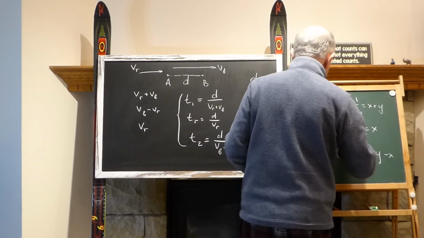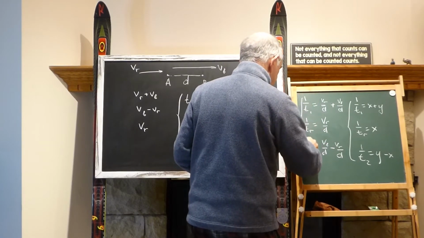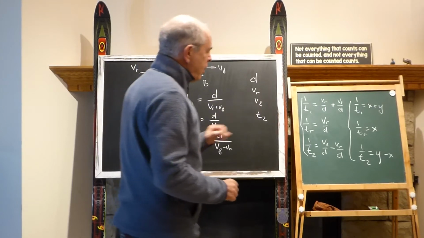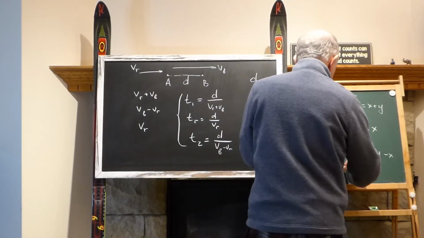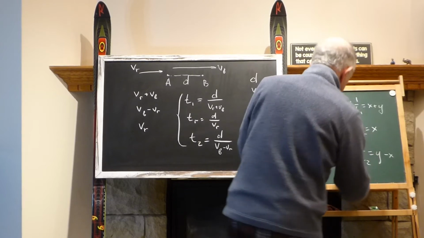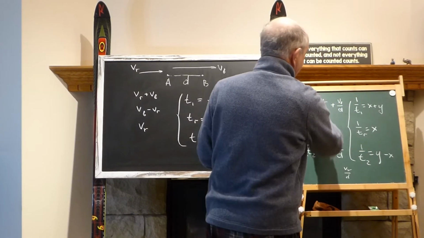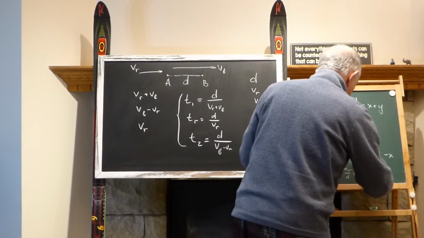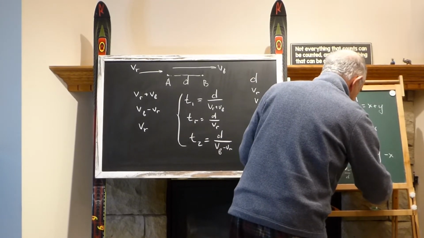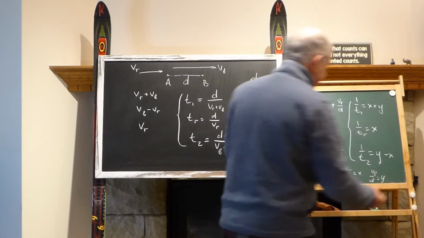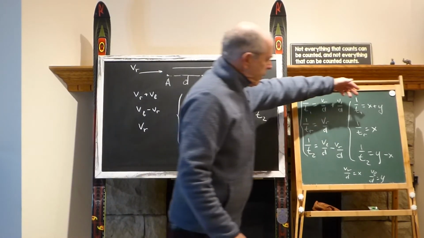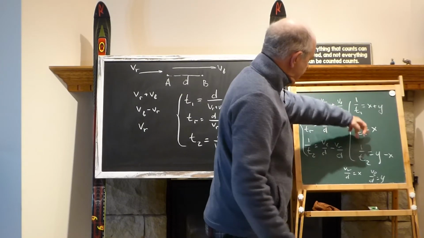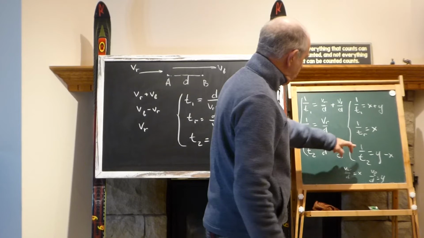So three equations. We have the same unknowns, but now V_R over D we call x, and V_B over D we call y.